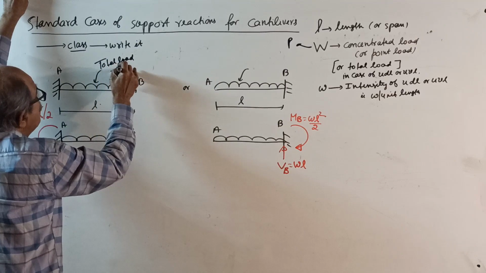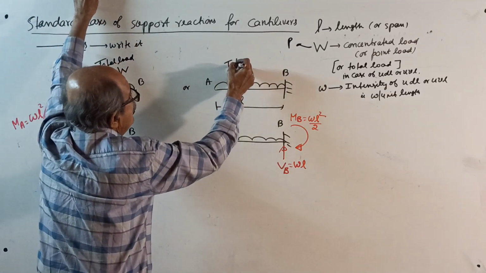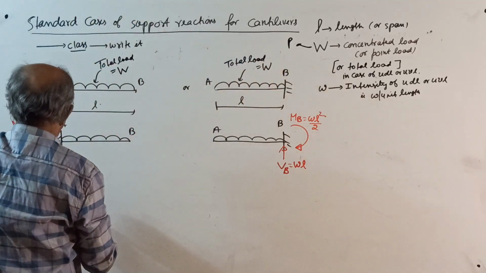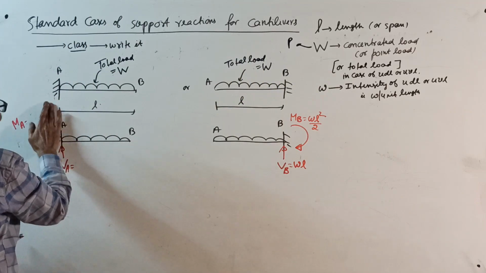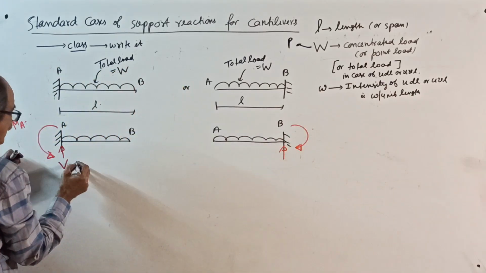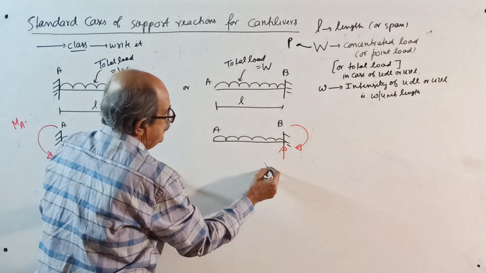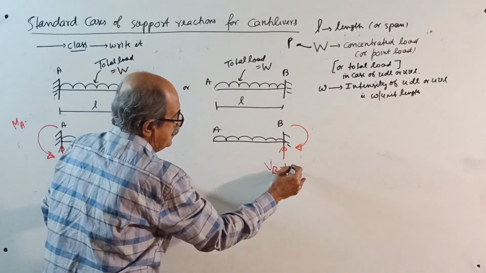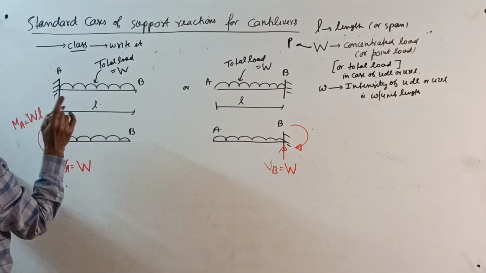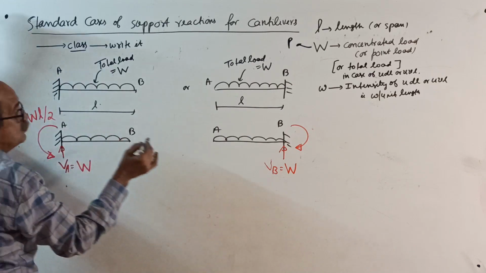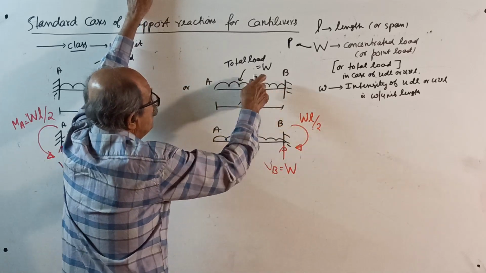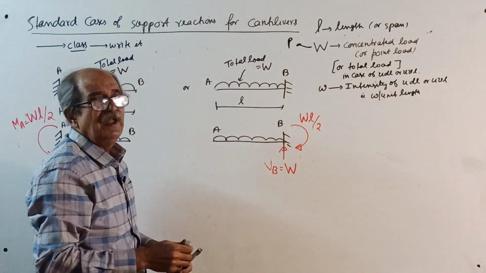Total load is given as capital W. Then the answer is: VB equal to W, and the moment is W, L by 2. Why? W is the total load into L by 2. Okay, that is all explained earlier.